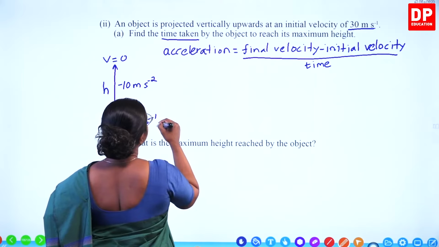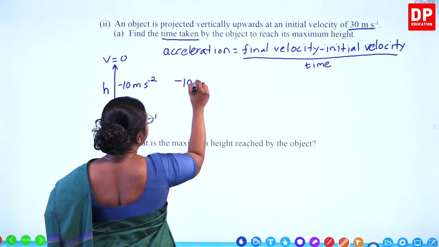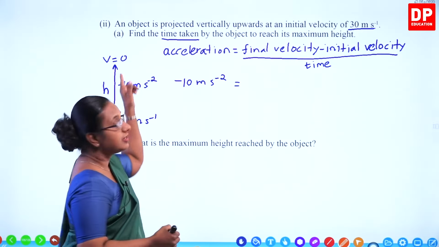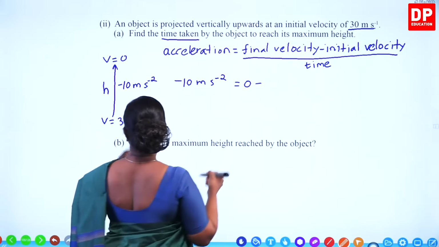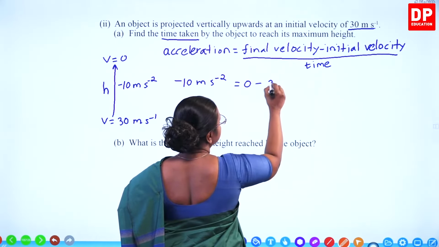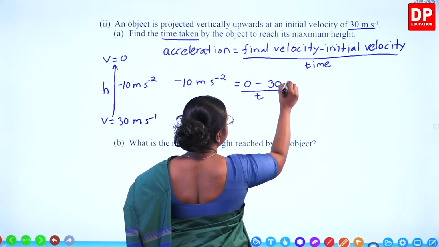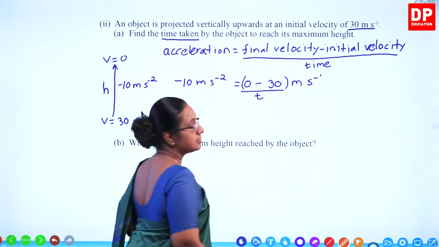If I substitute the values here, acceleration is a negative value, minus 10 meters per second squared, and the final velocity you can see is 0. Initial velocity is 30 meters per second, and time will be t. For velocity, the unit is going to be meters per second.